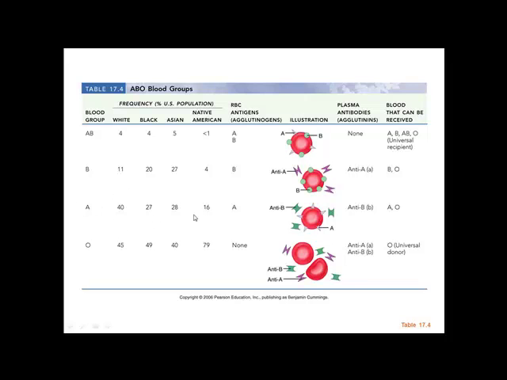If I have A blood type, I have anti-B antibodies in my plasma and A antigens on my red blood cells, so I can take blood from type A or type O. Now if I'm O blood, I have no antigens. I can donate my blood to anybody, but I can only take blood from type O people because I have anti-A and anti-B antibodies floating around in my blood.